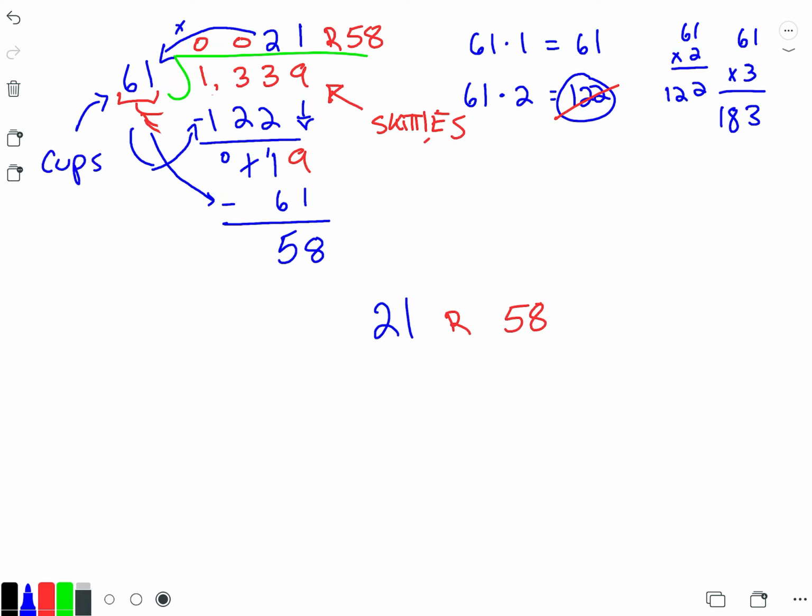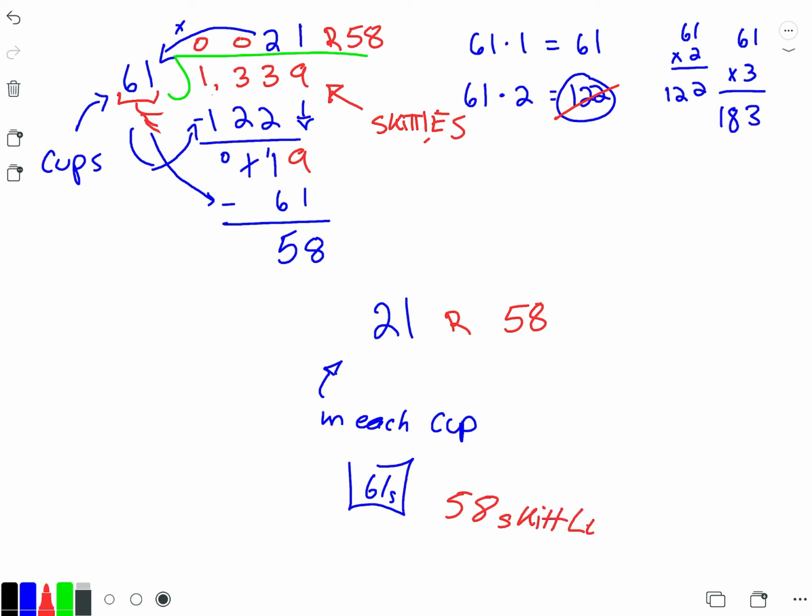Well, in the 61 cups, you would have 21 Skittles in each cup, right? And then on the outside, because we don't have enough for a cup, we would have 58 Skittles that didn't make it. And that's what you call your remainder. And they're just on the counter.